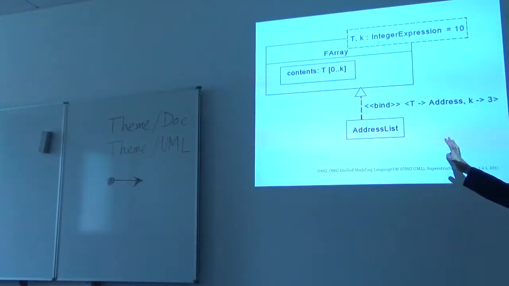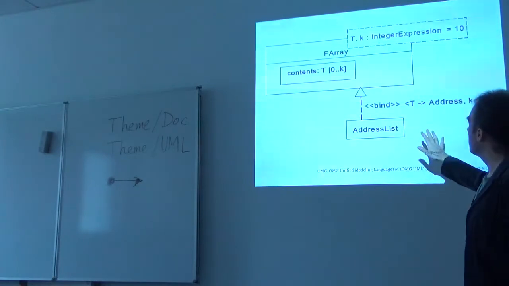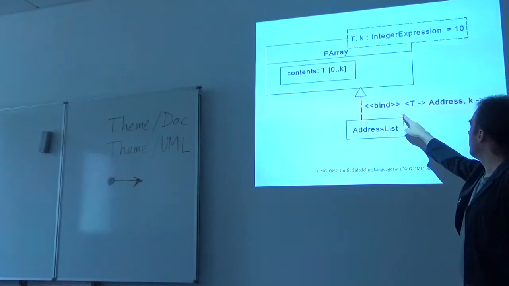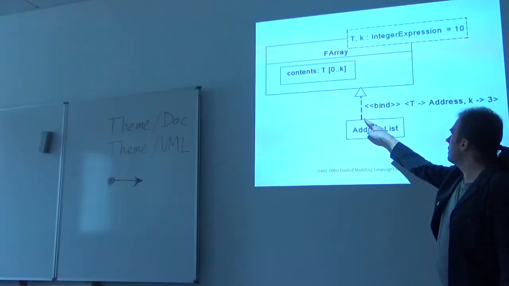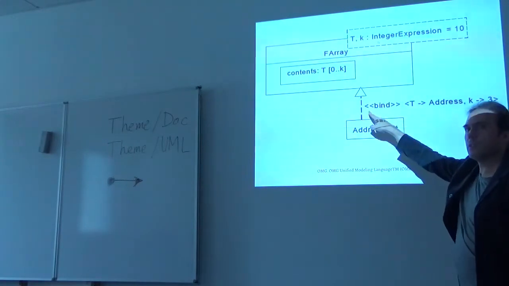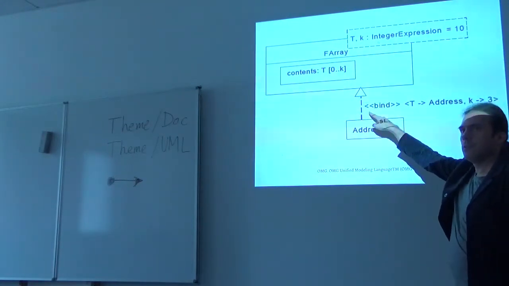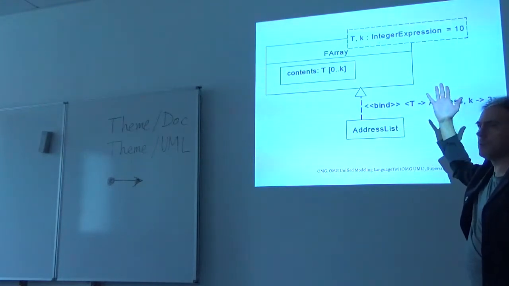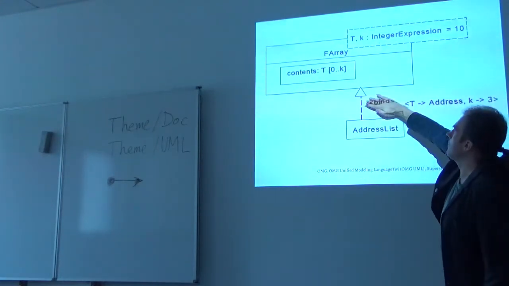And the same with this. So how this works in UML is that there is this bind expression. Without this bind expression, this relationship is something you recognize: the realization relationship. Sometimes it's called implementation, but officially it's realization.